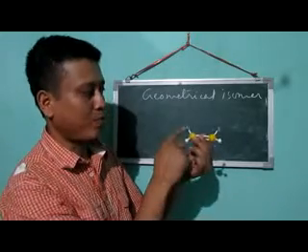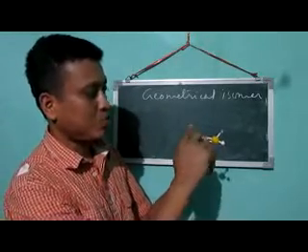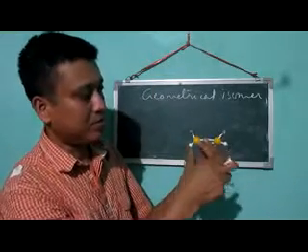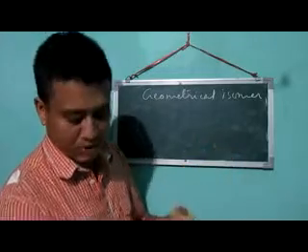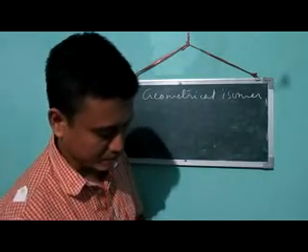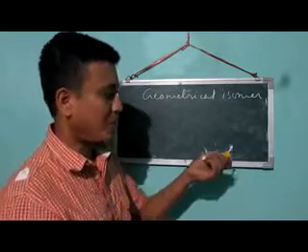Suppose we have two black groups and two white groups. If these two groups are on the same side, it is called cis. If they are on different sides, it is called trans. You have seen these examples earlier also. So cis and trans isomerism is known as geometrical isomerism.